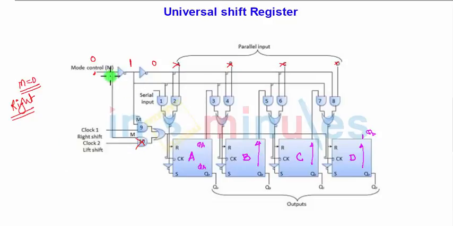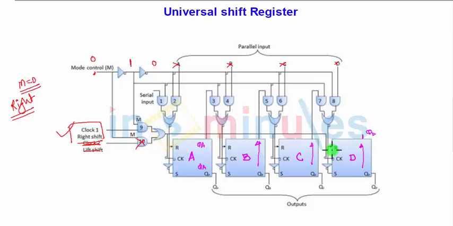Whereas M bar, which is 1, is connected to 9, so clock 2 is cancelled out and clock 1 will be enabled, through which it is connected to all the clocks of the flip-flops inside the register.